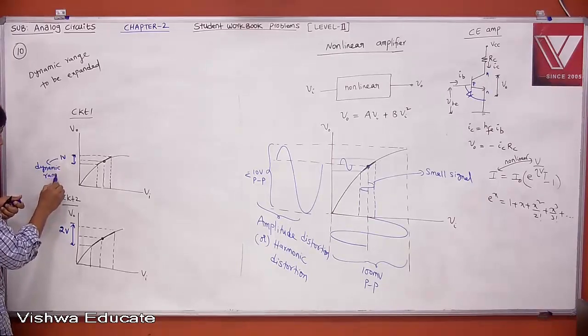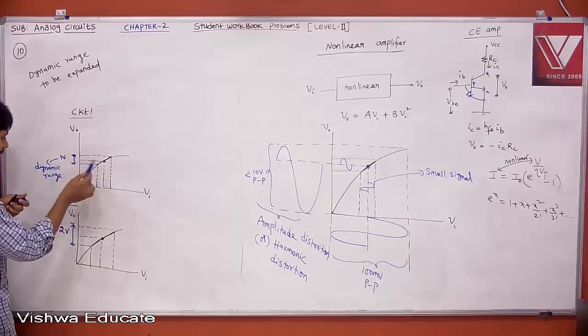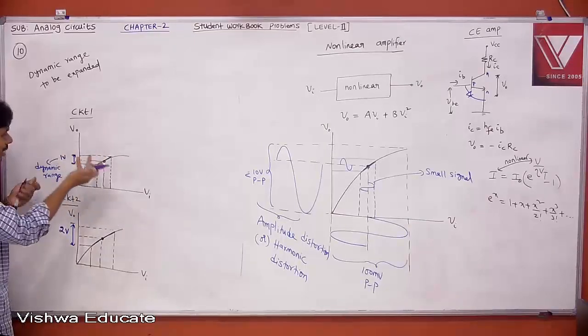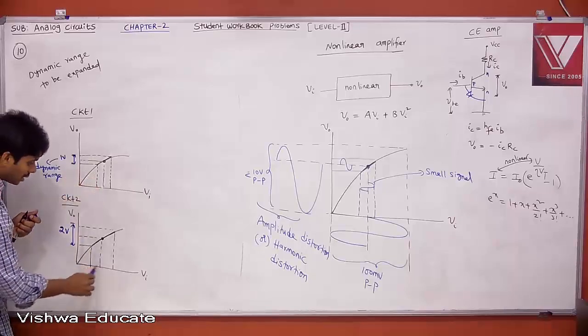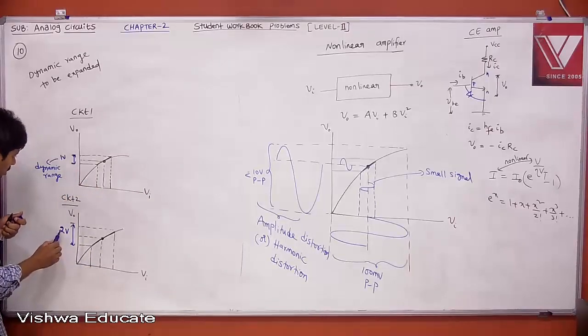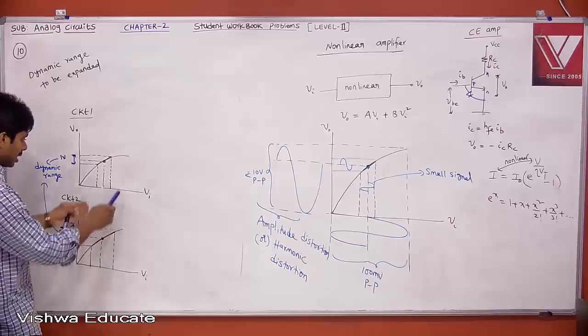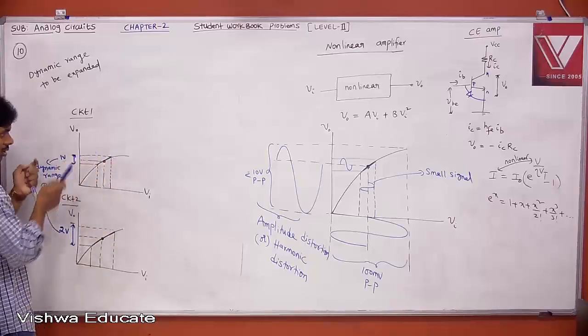Dynamic range means your input can change dynamically, which is nothing but an AC signal in this portion, without any harmonic distortion. Now tell me, for the same set of signals, circuit 1 will see more distortion.